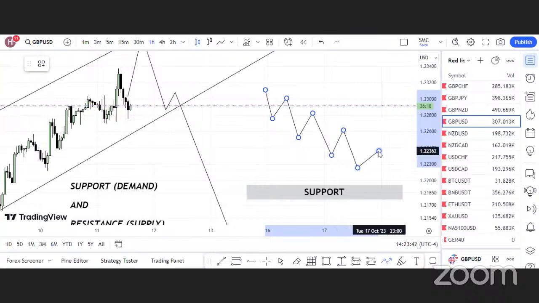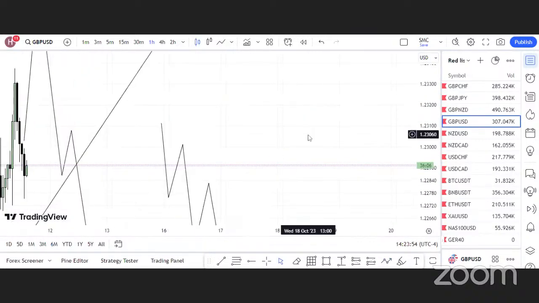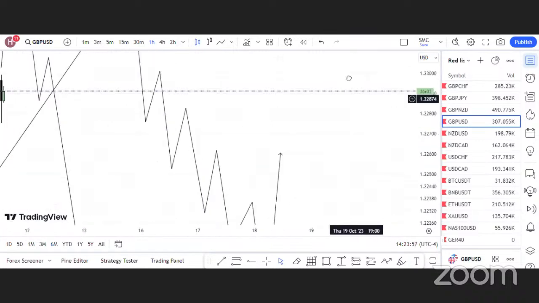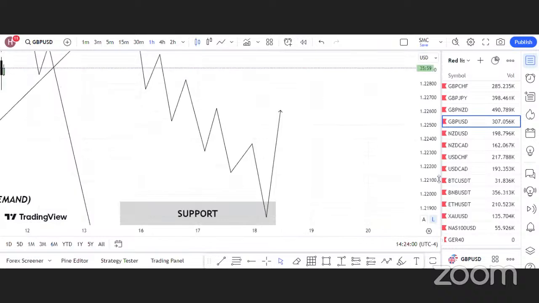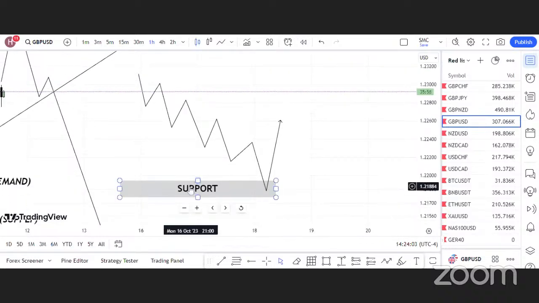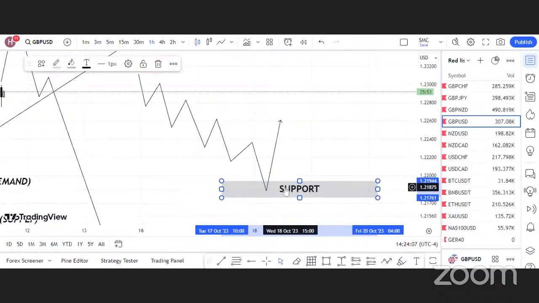So you see, the market got into the support zone, and then it starts buying.